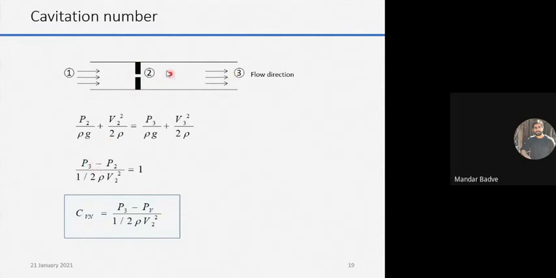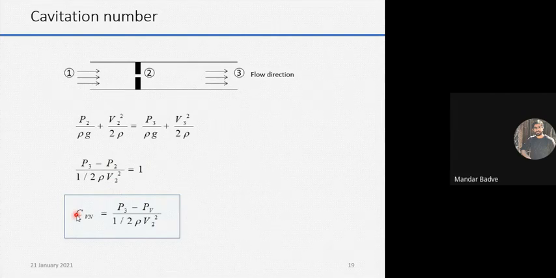So some of the energy gets lost in the generation of these cavities, and dissipation of that energy takes place here, right? So when the difference in your pressure head is lesser than your velocity head, the magnitude of this value will be less than 1, and that is nothing but the cavitation, right?